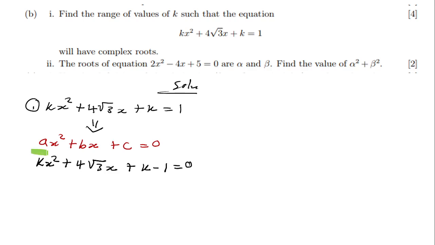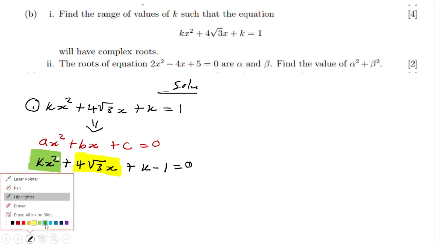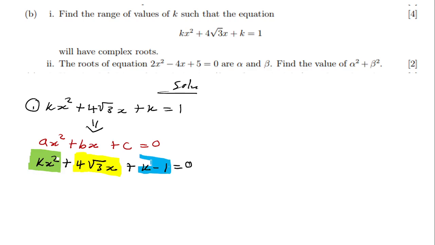I'm going to give this as my first highlight, 1, and then my other highlight, 2, and then my last highlight, which is this one here. So these are the 3 things that you need to take note of.